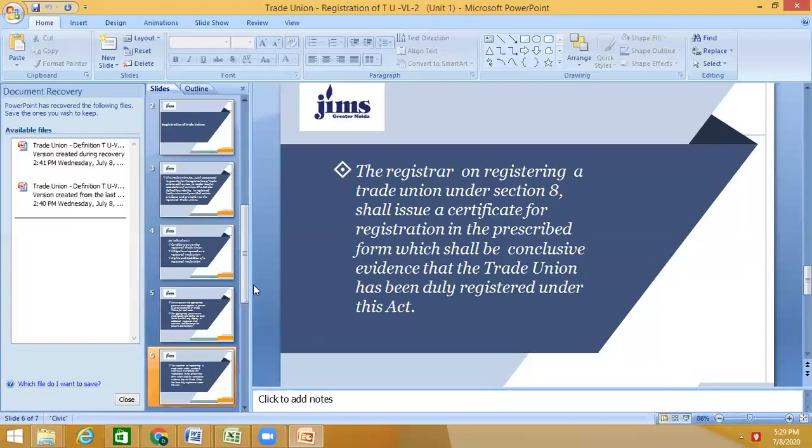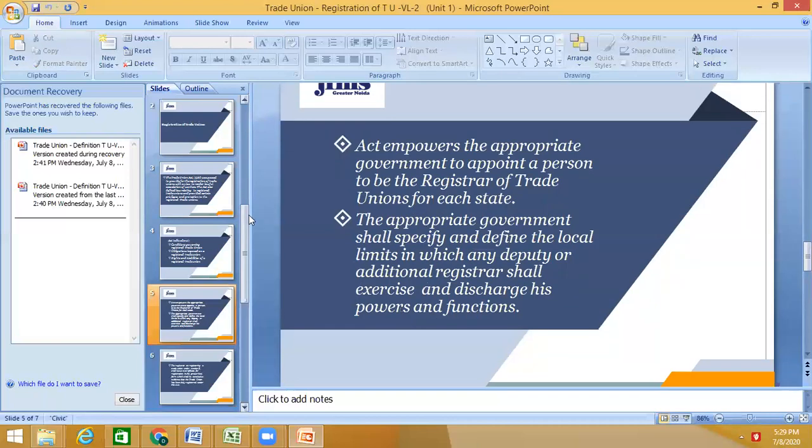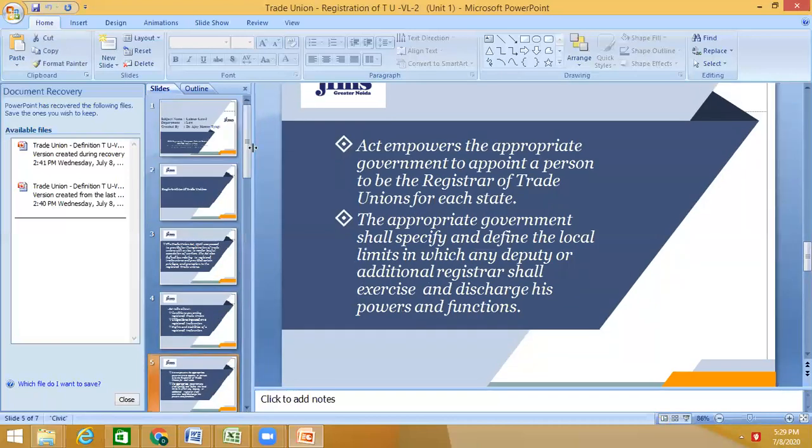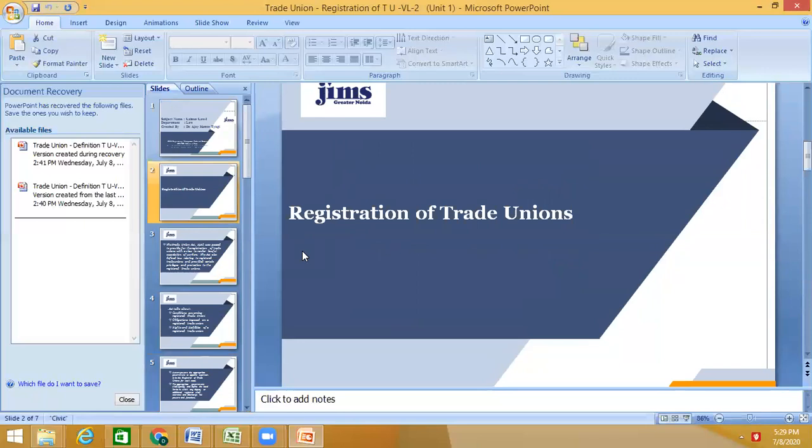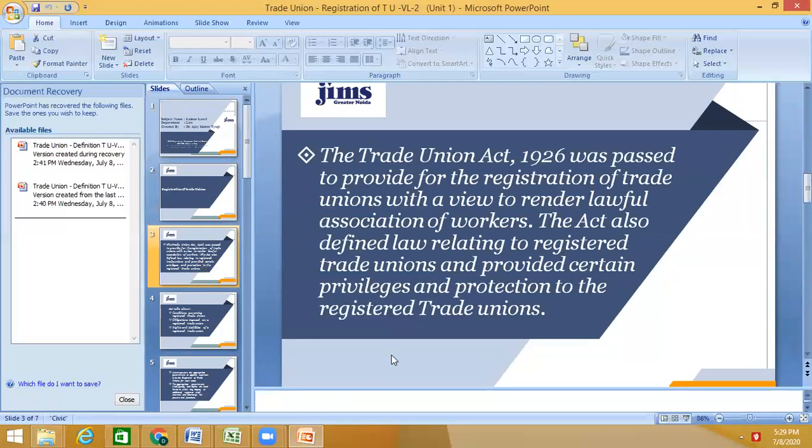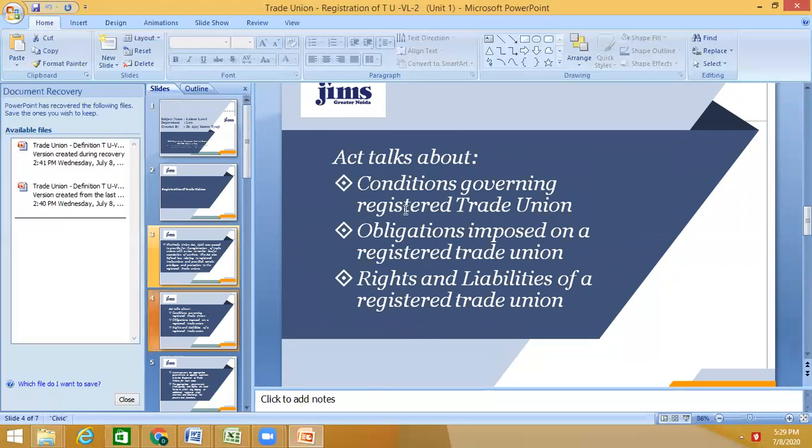And once again, I would like to summarize what we have covered today. We have discussed the registration of trade union today. We have talked about how registered trade unions will have certain privileges and protections, and what the obligations are. The trade unions, registered trade unions in fact, would be under certain obligations also, and the rights and liabilities of a registered trade union.